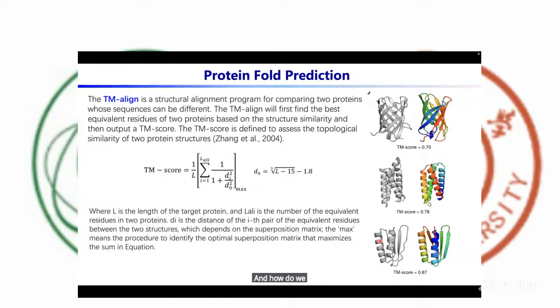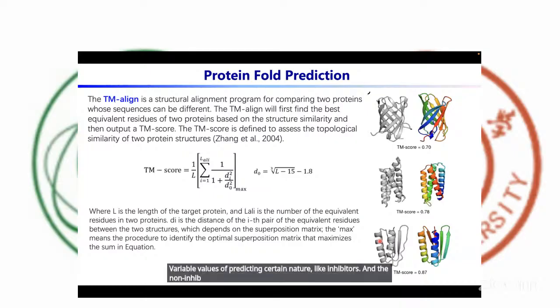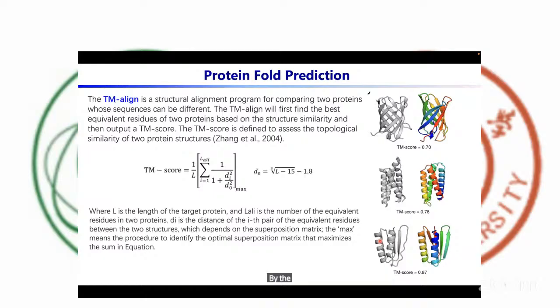We talk about sensitivity, specificity, those kinds of performance measures, but those are for predicting variable values of a certain nature, like inhibitors and non-inhibitors, certain class labels. But for protein structure prediction, it is more complicated.